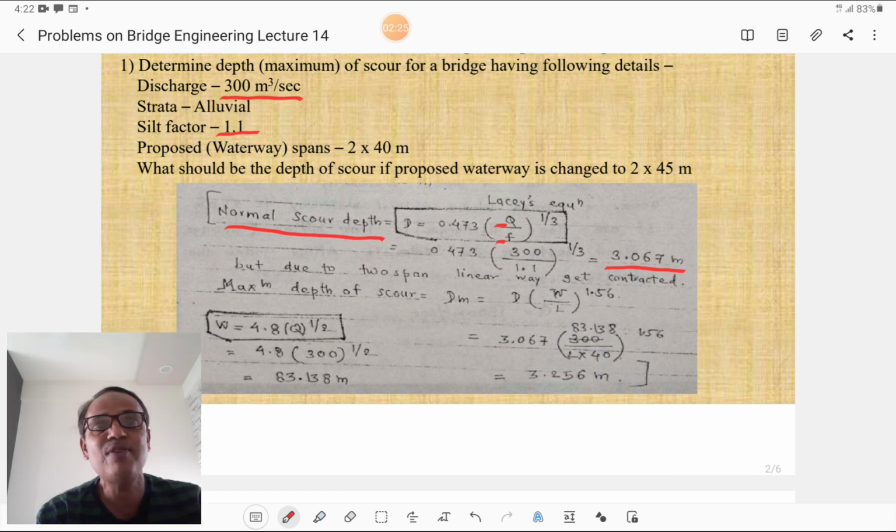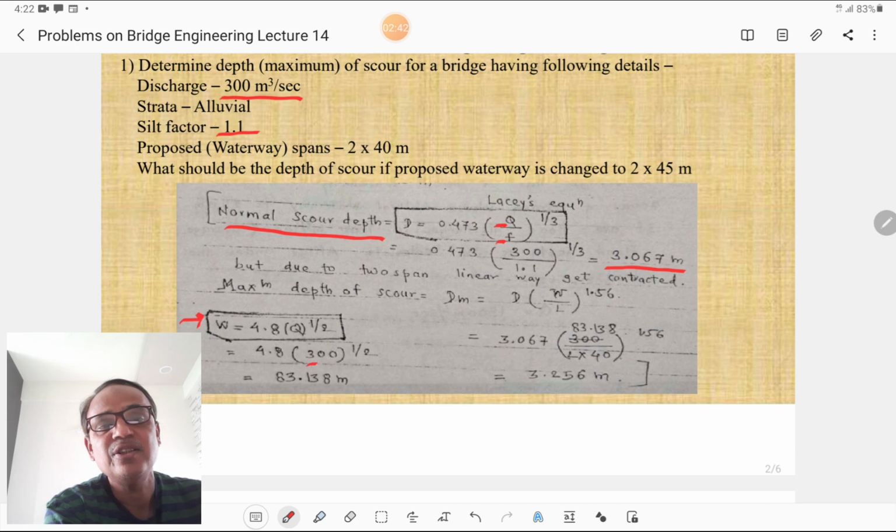Then we calculate the W, that is the waterway perimeter, and what is the formula for that W? W is equal to 4.8 Q raised to 1 by 2. Q is 300. All other things are known.